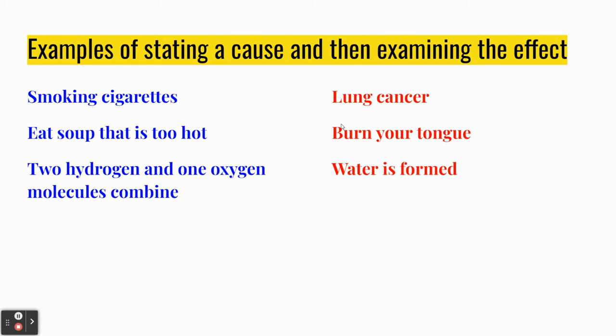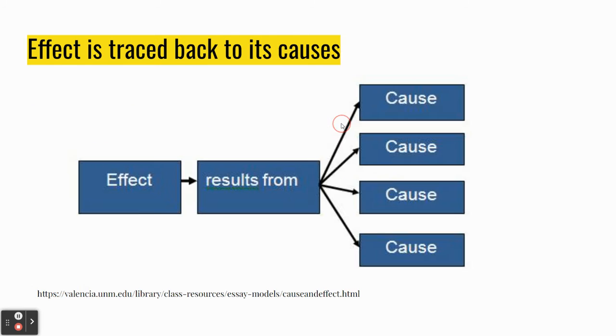Pretty straightforward. However, you can also start with the effect, and then you can talk about what are the causes of this effect. You're tracing everything backwards. Something has happened. This is what's caused that to happen.